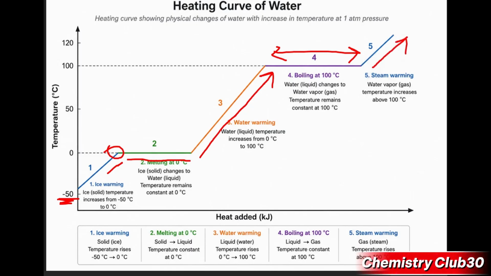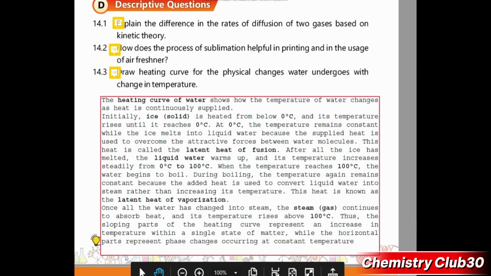So this has also been summarized at the bottom of this curve from 1 to 5. The description of this heating curve of water is given in this paragraph. The heating curve of water shows how the temperature of water changes as heat is continuously supplied.